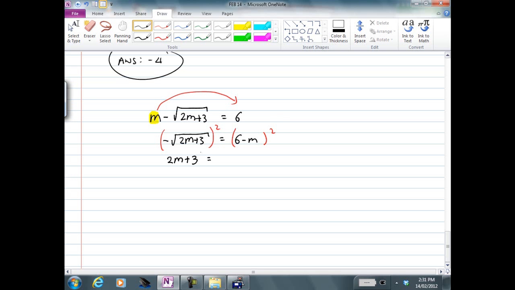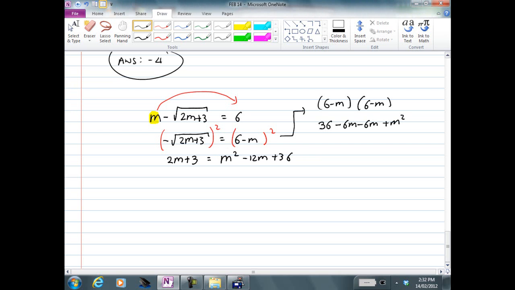I'm going to do this on the side over here. 6 minus m times 6 minus m. If you need to, just expand this out, take some time. So you have 36 minus 6m minus 6m plus m squared. I'm going to make it easier for you: m squared minus 12m plus 36.